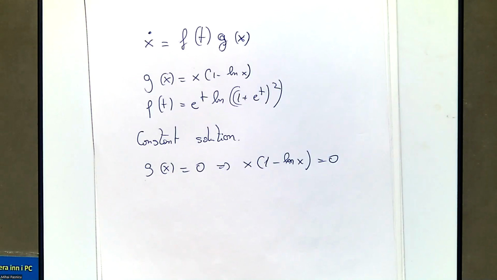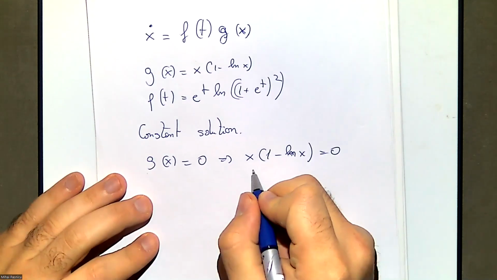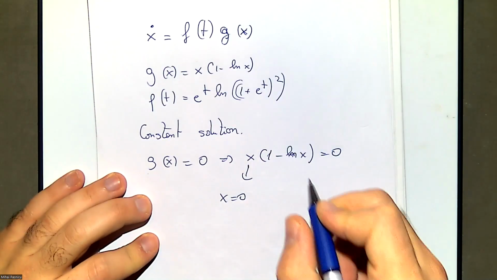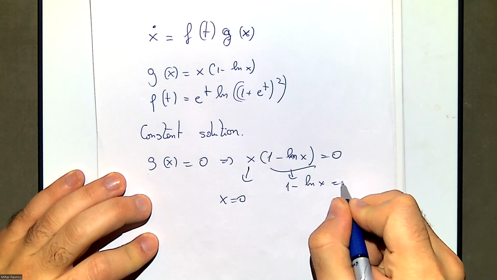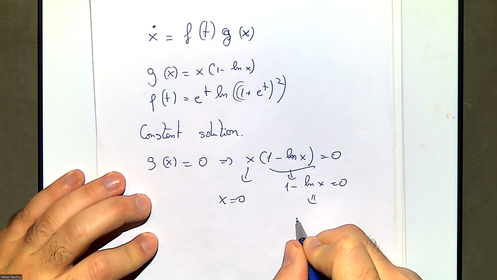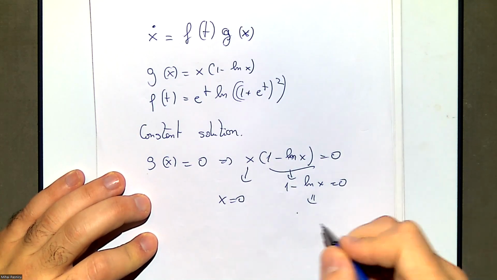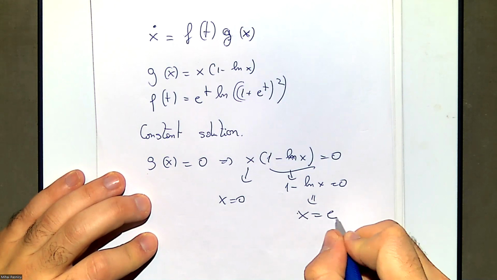When I multiply two numbers and they're equal to 0, one of them has to be 0. That's the main idea. So I'm either getting x is equal to 0 or 1 minus ln of x is equal to 0. So ln of x is equal to 1, so x is just equal to e.